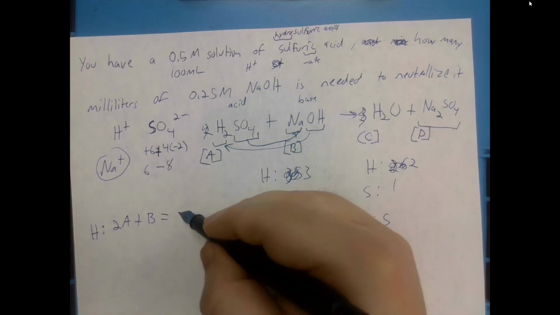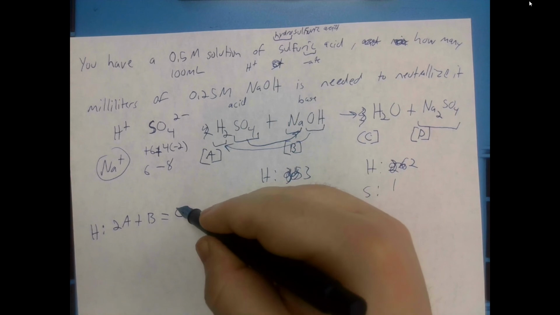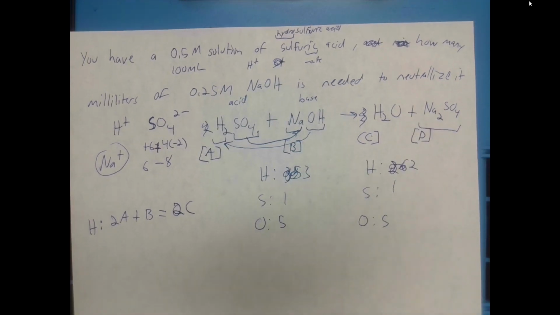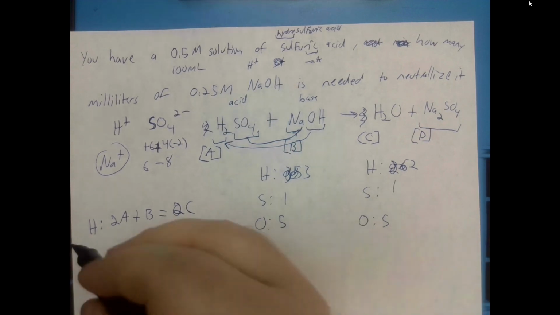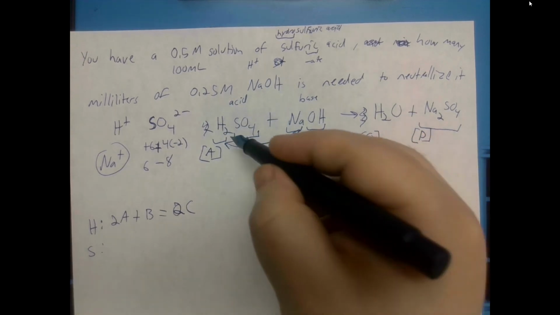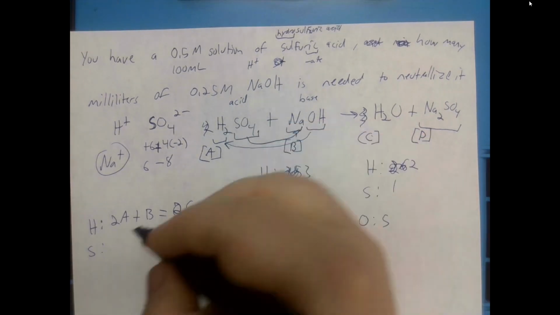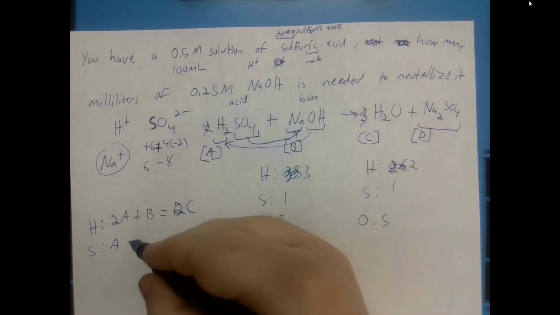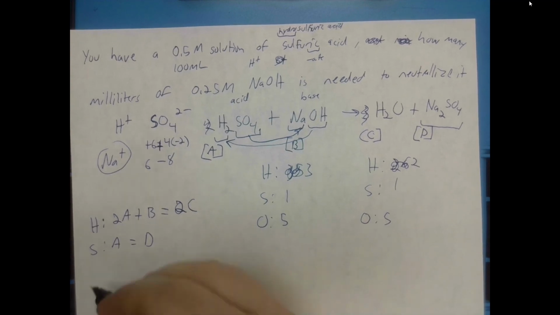Here I have 2 times C. For the sulfur, wherever A is gives me all the sulfur, and whatever D is, so I know A is equal to D.